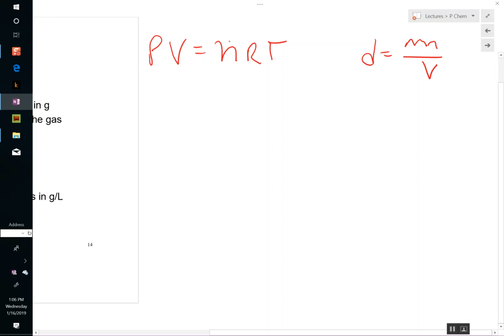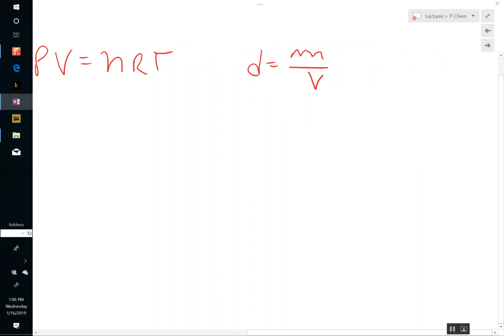So we have n here, and we have mass and volume here. Probably the third little thing we need is that n equals the mass divided by the molar mass, right?